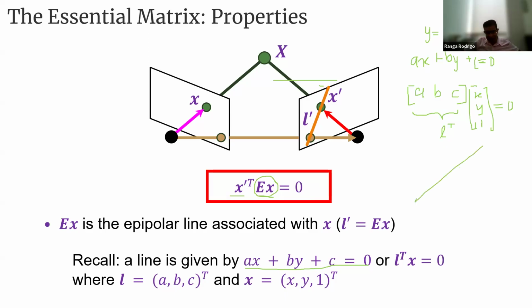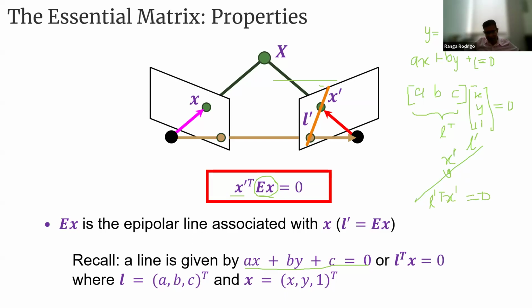Remember, if this is my line L, and this is a point on the line, then my constraint is, let me call it x prime, and it's L prime, I can write L prime transpose x prime is equal to 0.